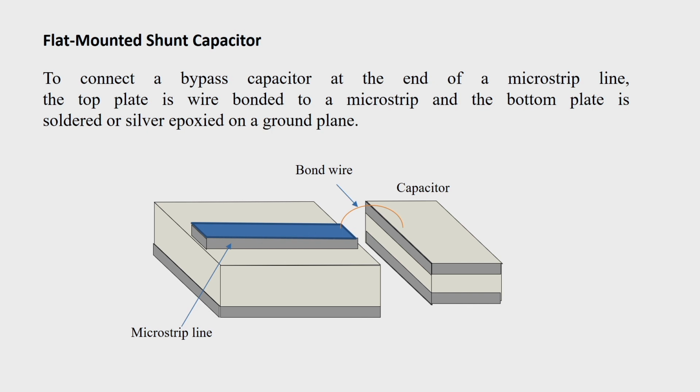The top plate is wire bonded to a microstrip and the bottom plate is soldered or silver epoxied on the ground plane. So, here we can see that this bottom surface will be either soldered or silver epoxied and the top plate of the capacitor will be connected to the end of the microstrip line.